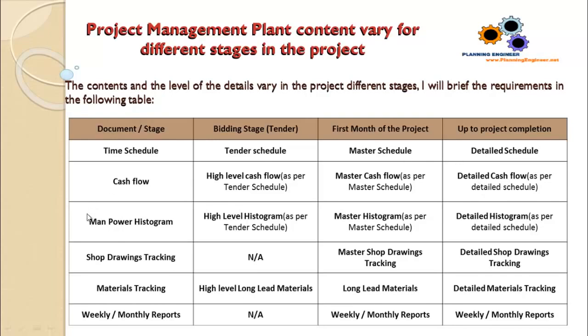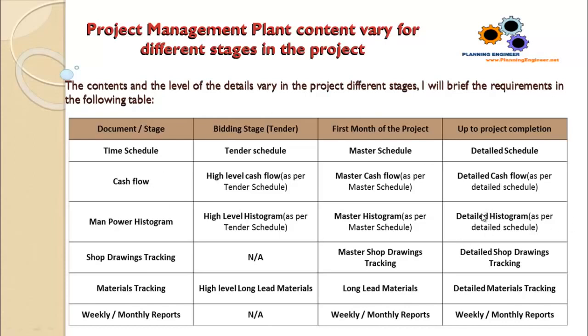We'll know how to do this in our lessons. Manpower histogram. At the bidding or tender stage, you submit a high-level manpower histogram. In the first month, you submit a master histogram, which could have all the resources, but in the detailed histogram, you should prepare all the resources you have individually.